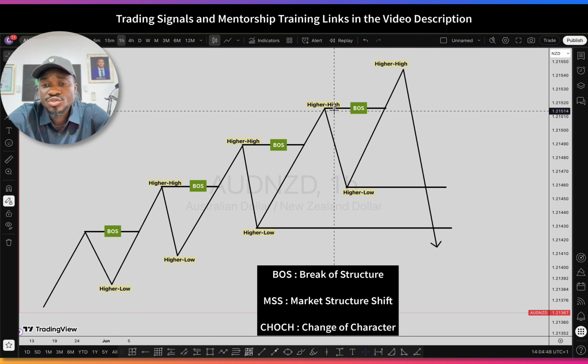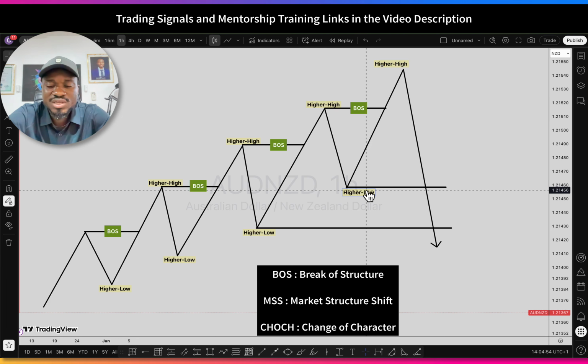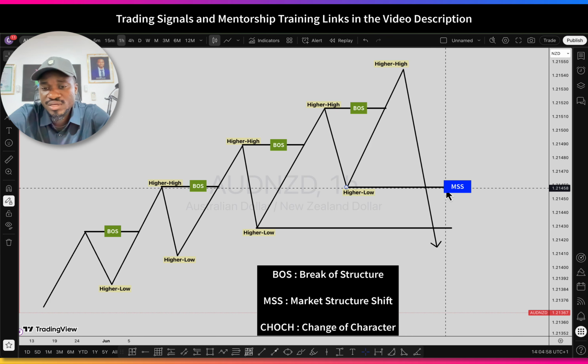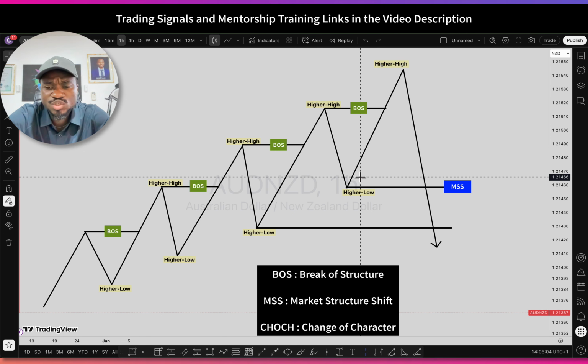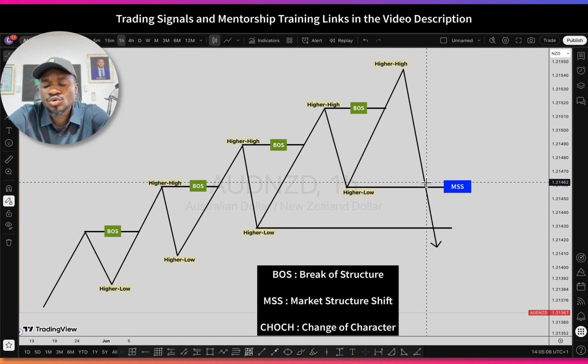Break of structure. And whenever price switches all the way down and takes out the first higher low in the uptrend market structure, then we call it the market structure shift. It shows us that now the forces of buyers and sellers are at equilibrium. That means the buyers are now weak and sellers are showing strength.